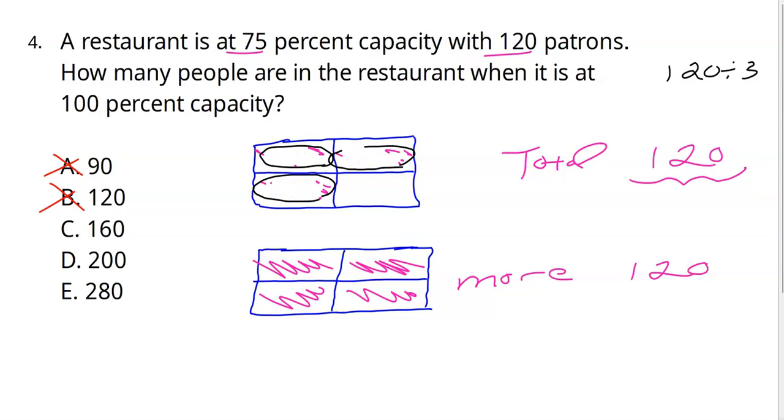These would all have to be 40. This would have to be 40, this would have to be 40, this would have to be 40, because 40 plus 40 plus 40 is 120.